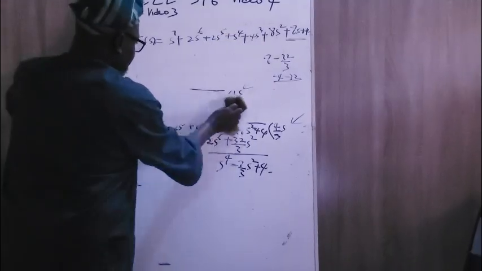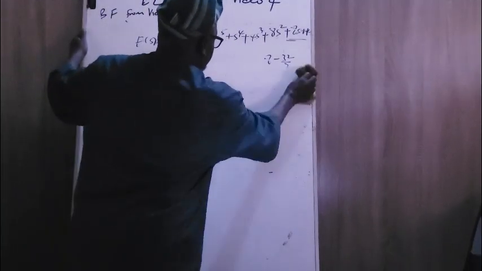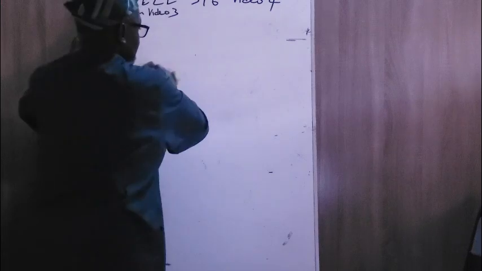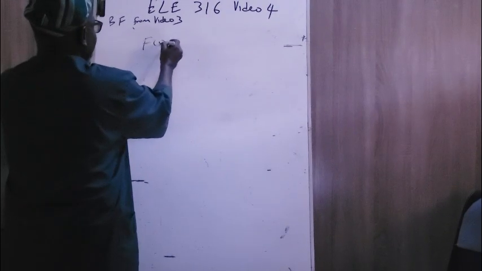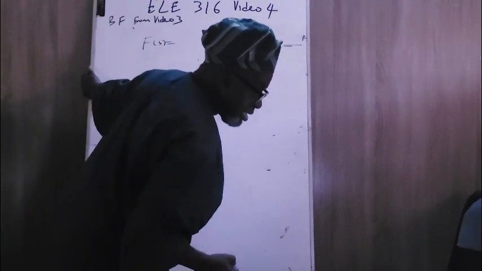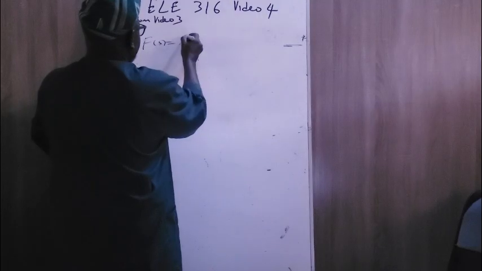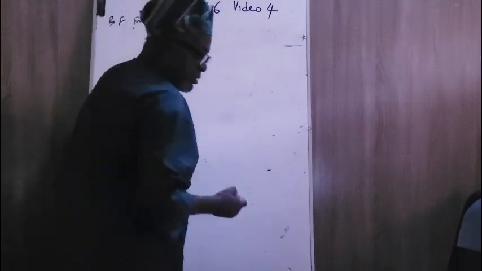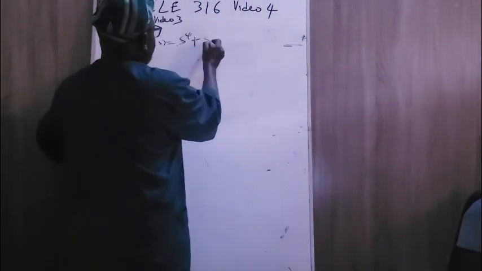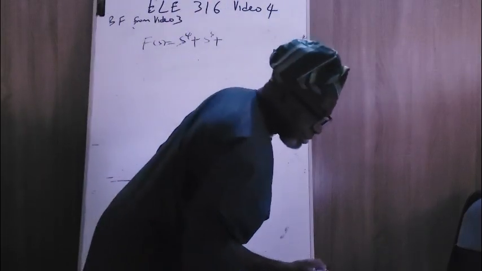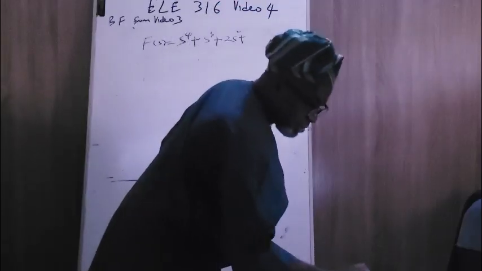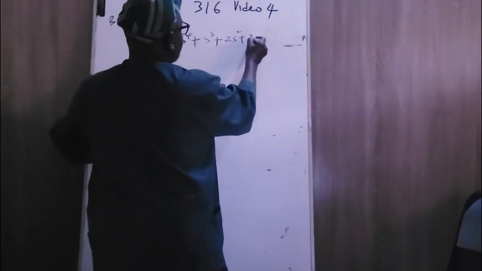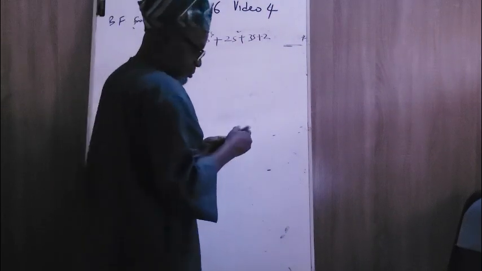So example, in this example, we are given that f of s equals s^4 plus s^3 plus 2s^2 plus 3s plus 2.